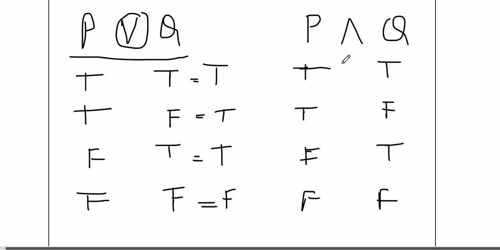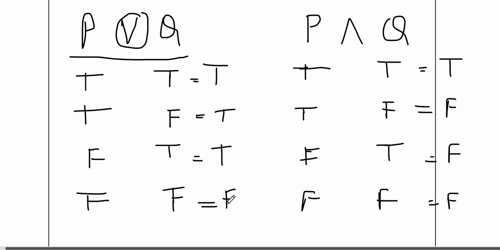In this, both P and Q have to be true for the value to come true. So we have true here, this is the result. Here both are not true, therefore the result will be false. Here also both are not true, therefore the result will be false. Here both are false, so the result will be false, because we want both to be true, then only will the result come true.